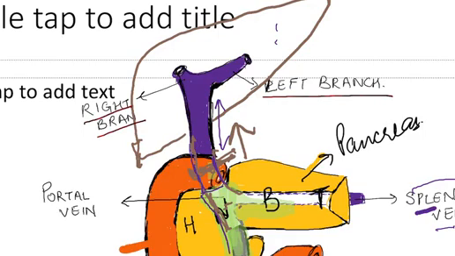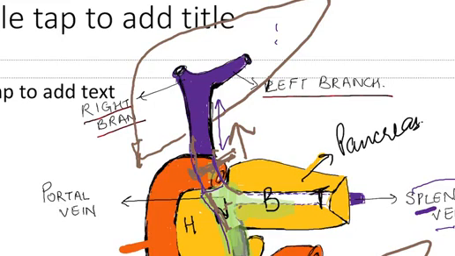Now the porta hepatis is present on the posterior surface of the liver. If we see the posterior surface of the liver, I actually didn't want to go into the detail of the porta hepatis, but I just want to tell you, suppose this is the liver and this is a J-shaped area. This is the porta hepatis.